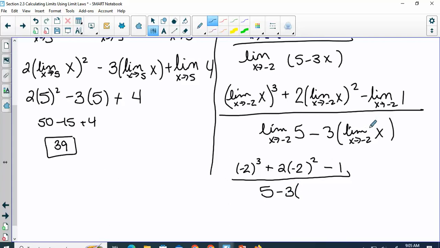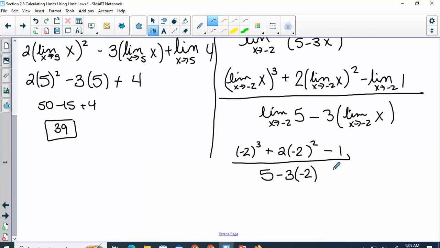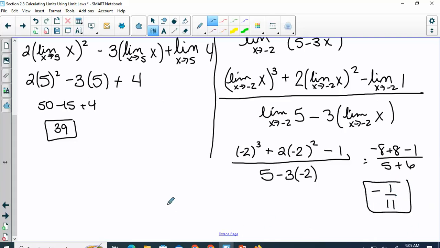Minus 3 times the limit as x approaches negative 2 of x, which is negative 2. We get negative 111.